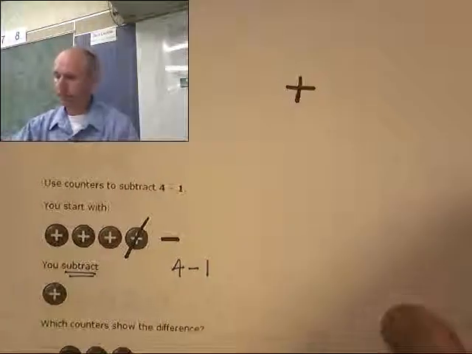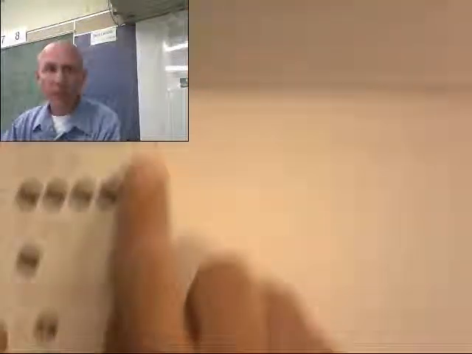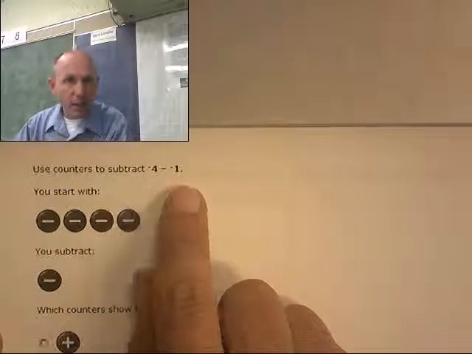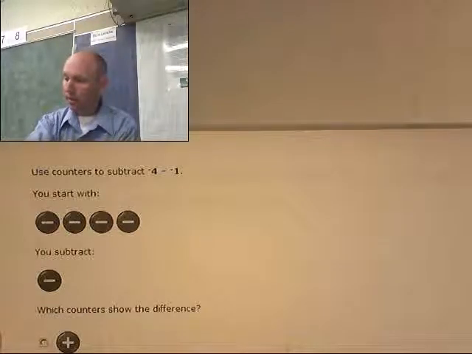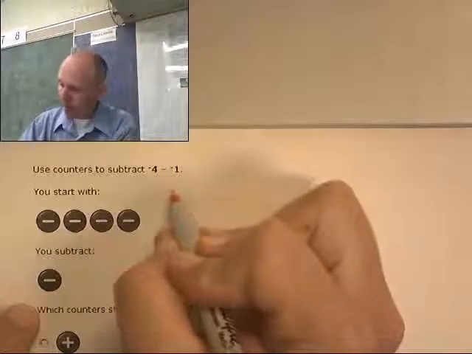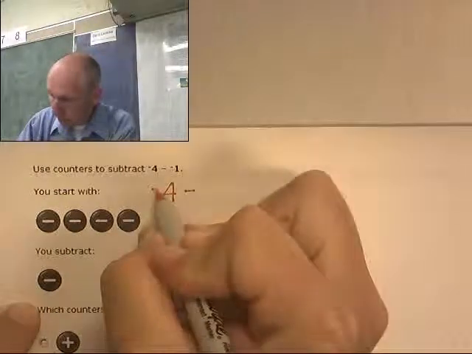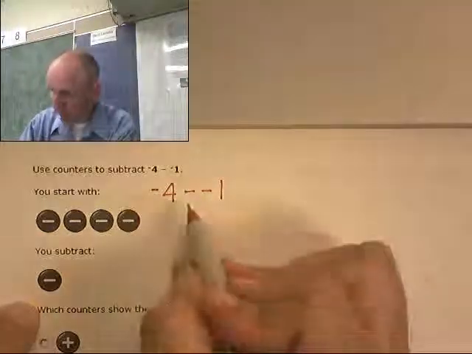Let's try another one. Okay, so actually here's the original problem. We're looking at negative 4 minus negative 1. Let me draw that a little bigger. Negative 4 minus negative 1.